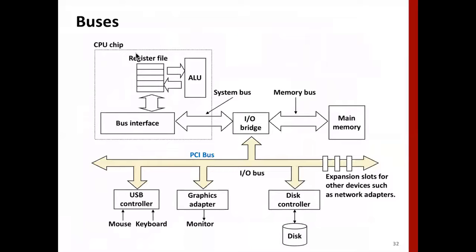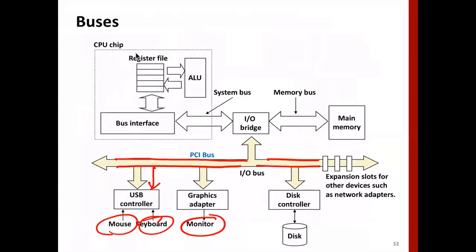Then comes the bus. A bus is nothing but parallel wires we can think of, and there are various kinds of buses. The one that this desktop uses is the PCI bus. This is a bus that connects to a USB driver; we have seen USB ports in every desktop and laptop.